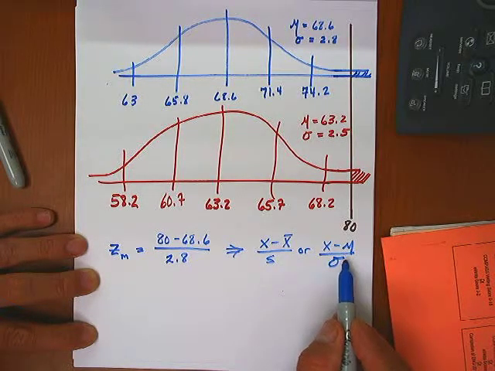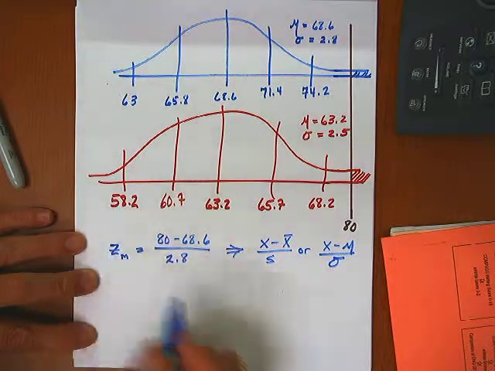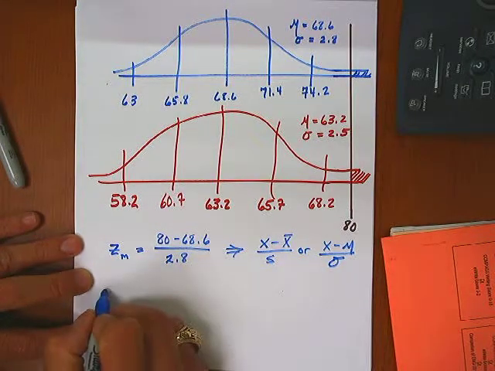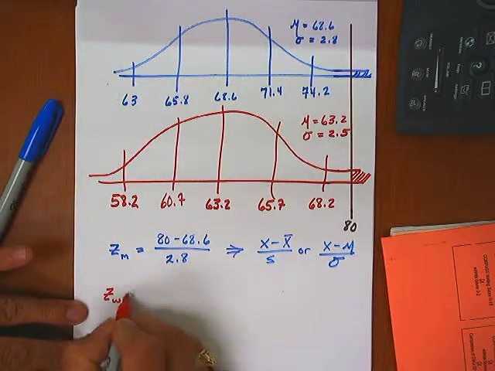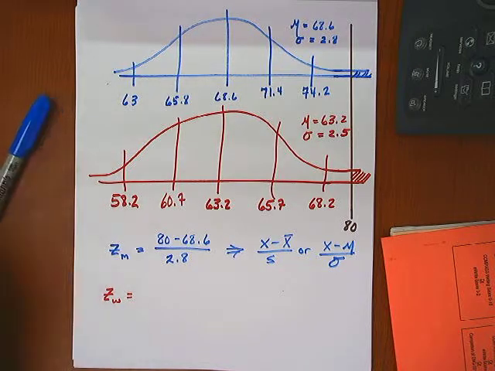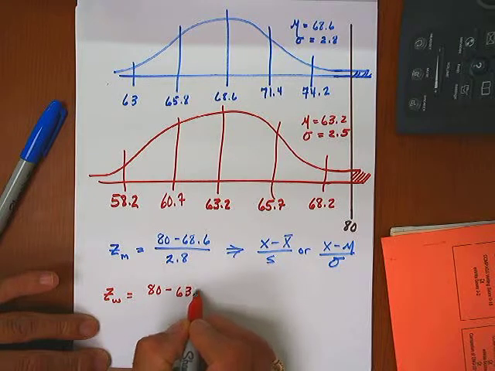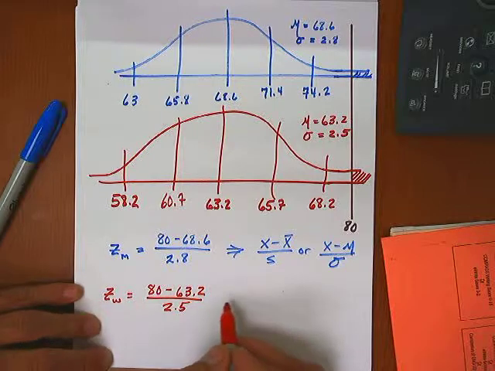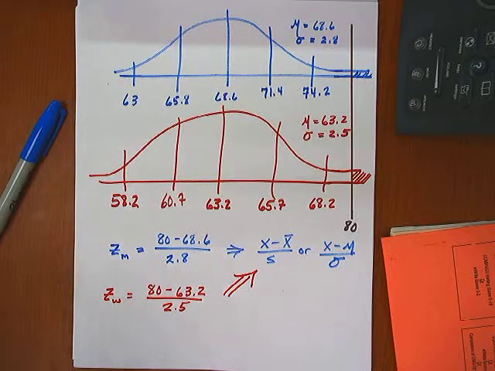This is the statistic, this is the population parameter, so it's the same formula. And the z-score for the women is equal to 80 minus 63.2 over 2.5, and that again is because of the formula.